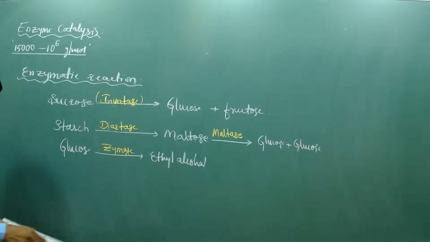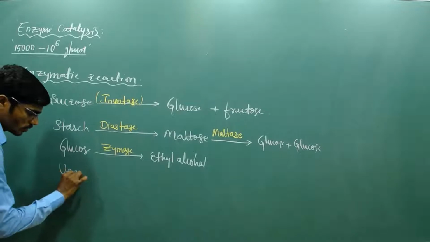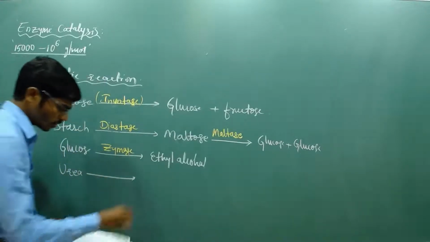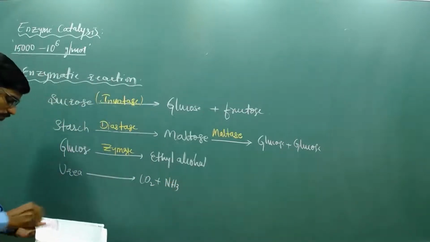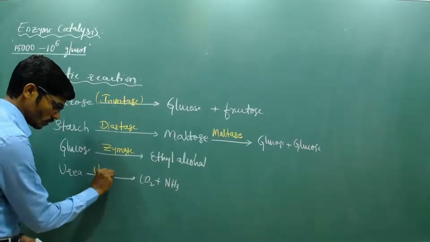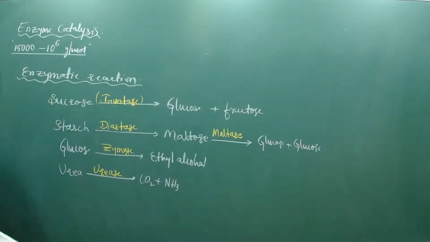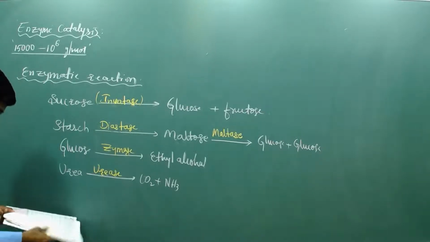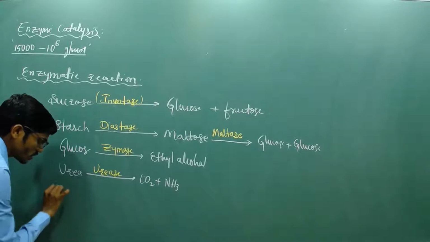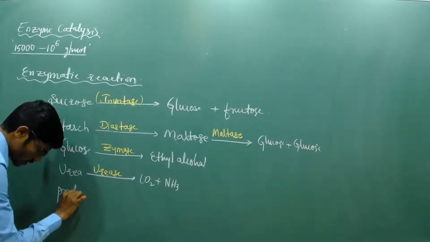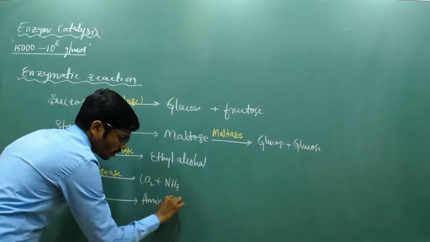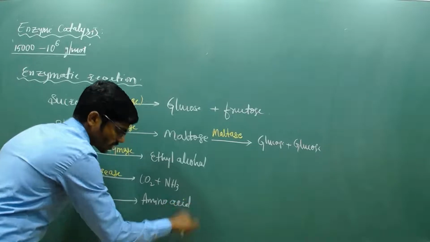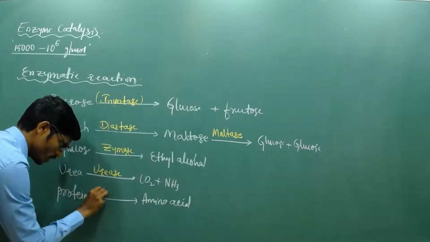Urea can be converted into carbon dioxide plus ammonia by urease. Next, proteins are converted into amino acids by an enzyme called pepsin.